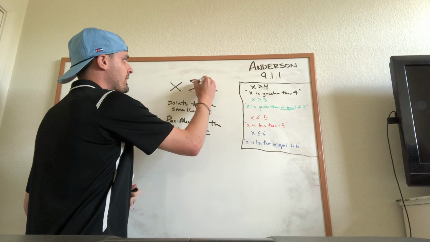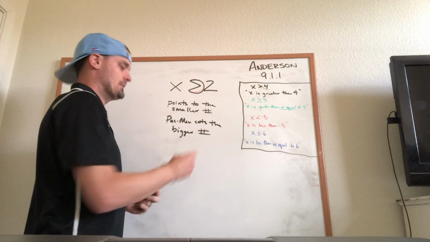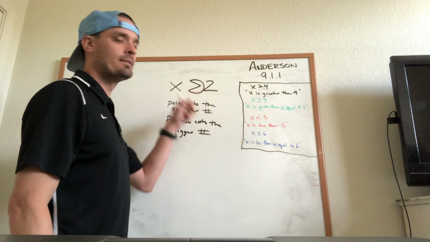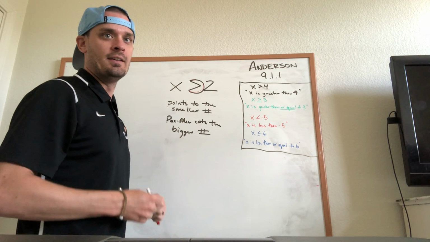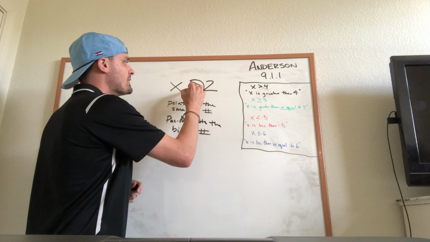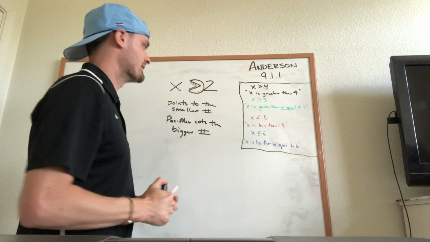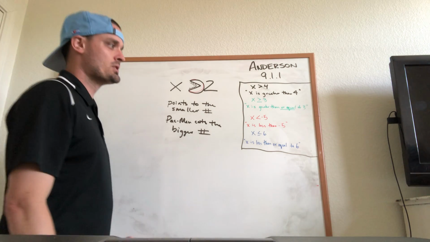It's kind of hard to tell in that red. Hopefully you know what Pac-Man is. Maybe I'm getting too old, but Pac-Man always eats the bigger number. You can also turn it into an alligator. Alligator eats the bigger number, whatever floats your boat there.